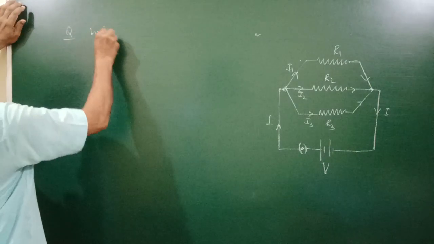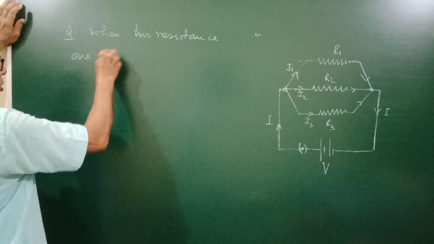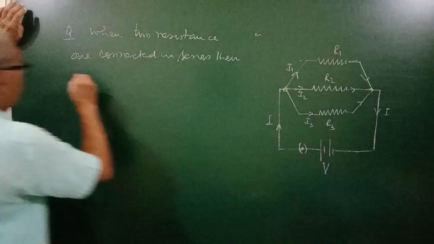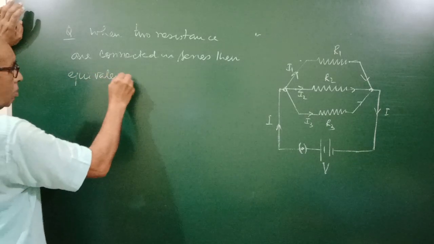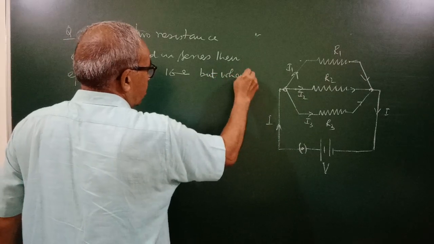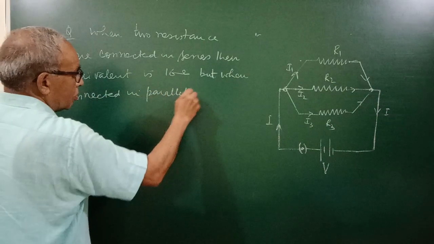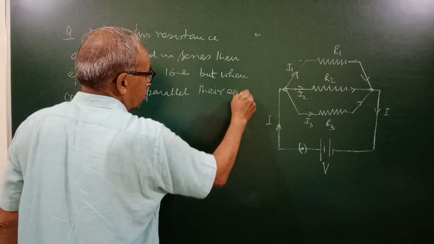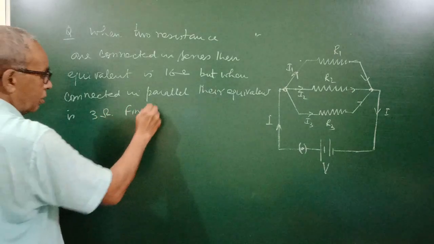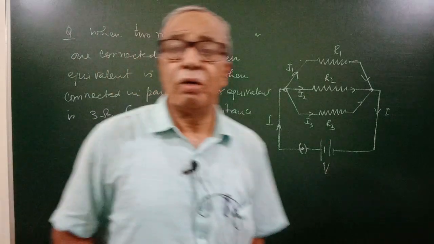When two resistances are connected in series, their equivalent is 16 ohm, but when connected in parallel, their equivalent is 3 ohm. Find each resistance.